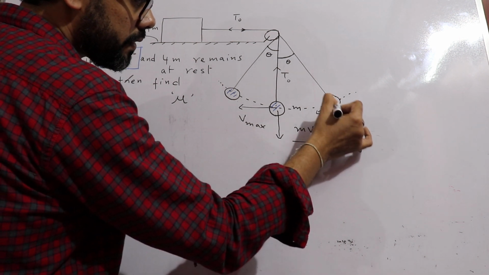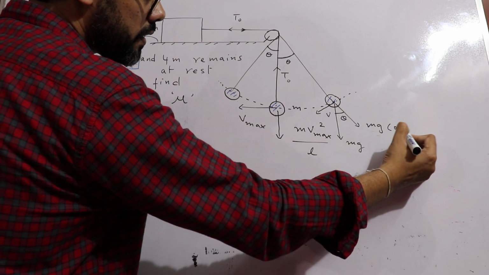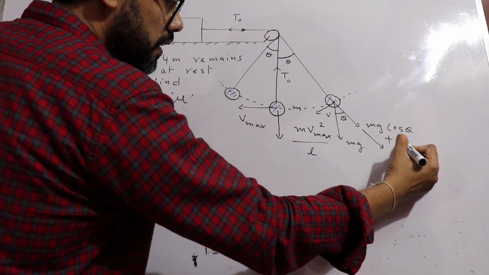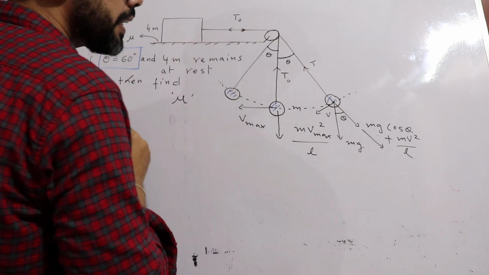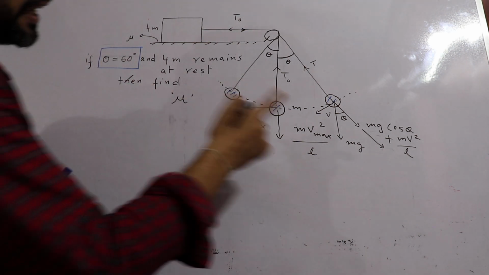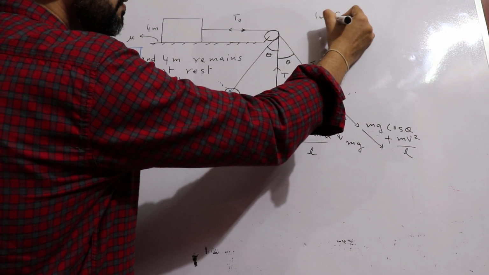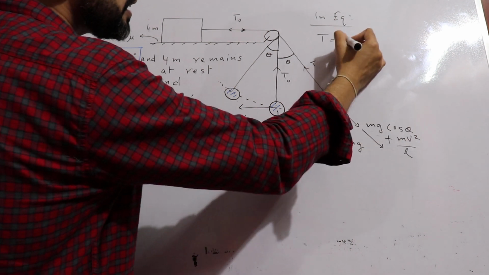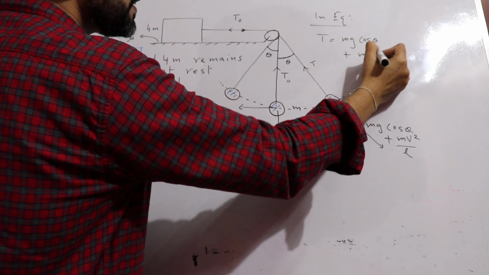We have mg, and its component mg cos theta, and because of v you get a centrifugal force, and at this position there is some tension T. In equilibrium, we can write T equals mg cos theta plus m v square by L.